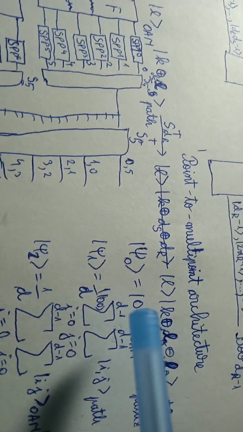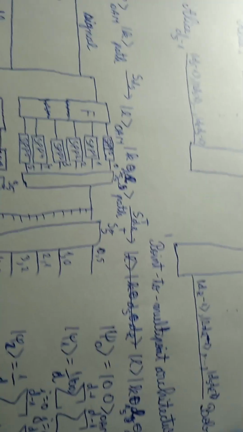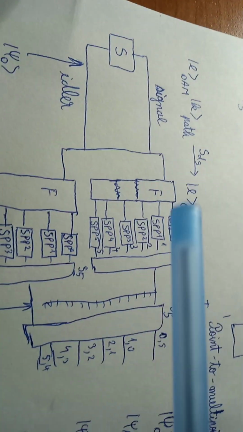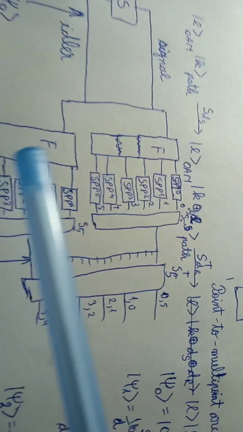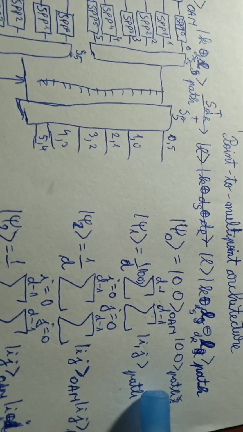Here we start with the state 0, 0 in terms of line, 0, 0 in terms of path, and each photon, the signal and the idler, passes through a Fourier gate. And thus we have the following state, like this.